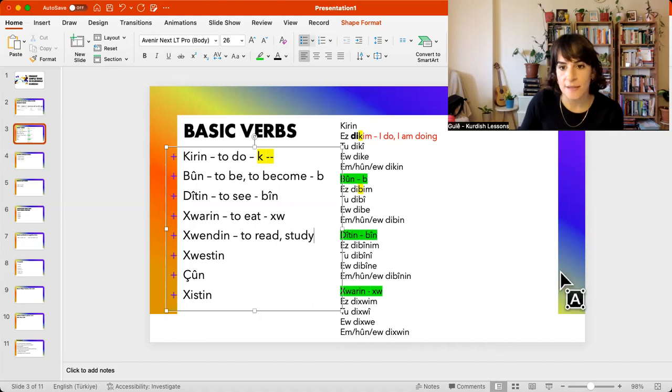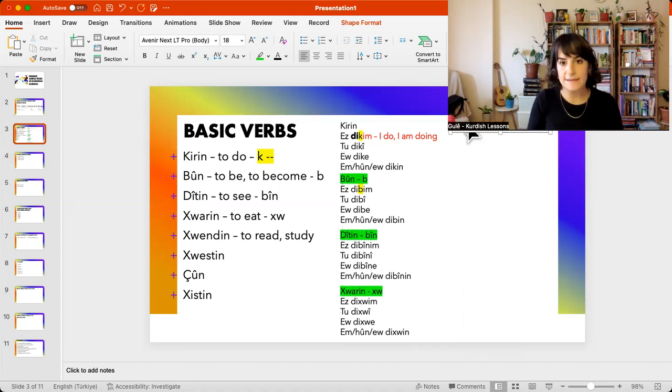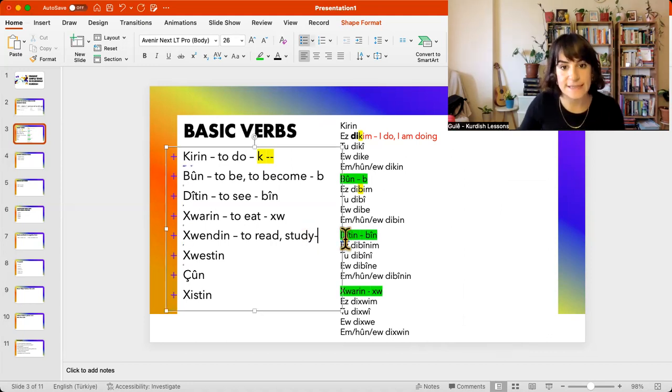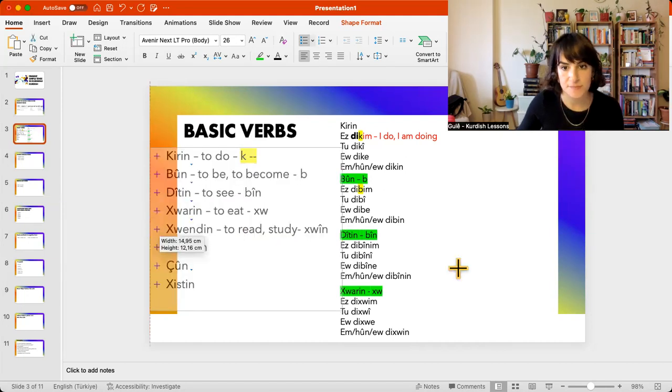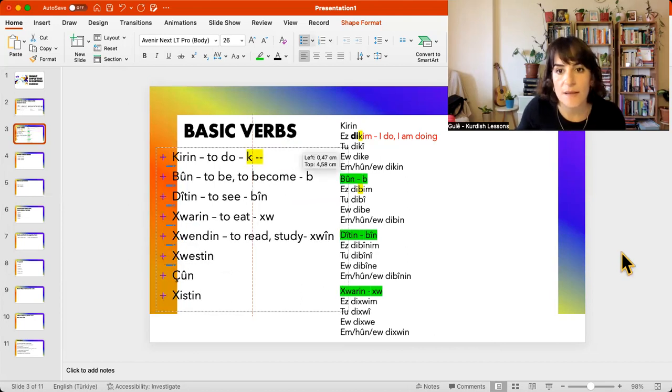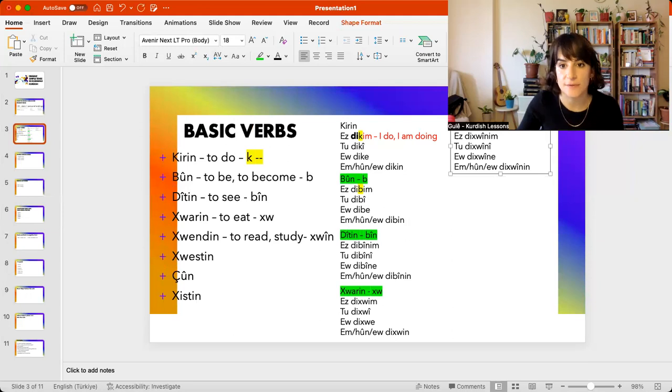So I will write it here. Xwendin, the stem is xwîn. Xwîn, xwîn, xwîn. And so: as dixwînim, tu dixwînî, ew dixwîne, em hun ew dixwînin. As dixwînim, tu dixwînî, ew dixwîne, em hun ew dixwînin.